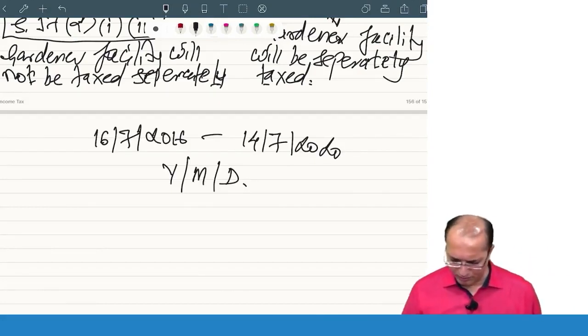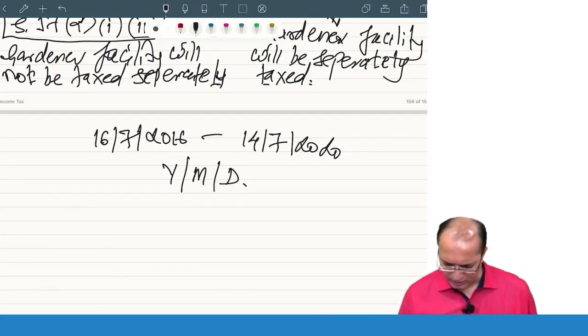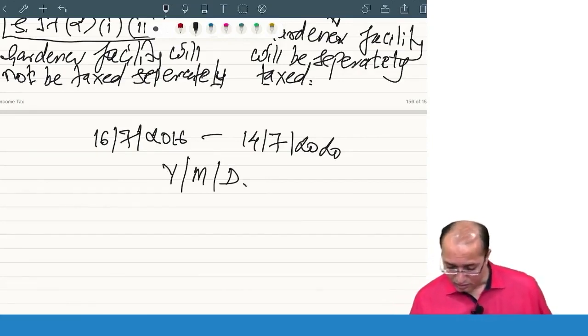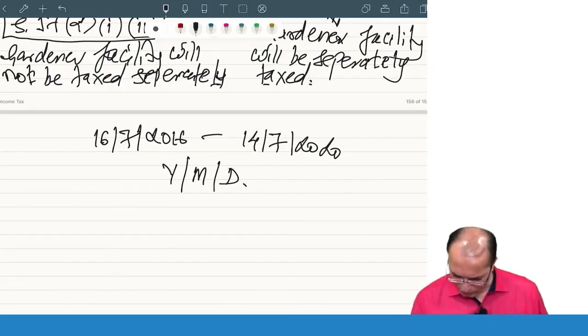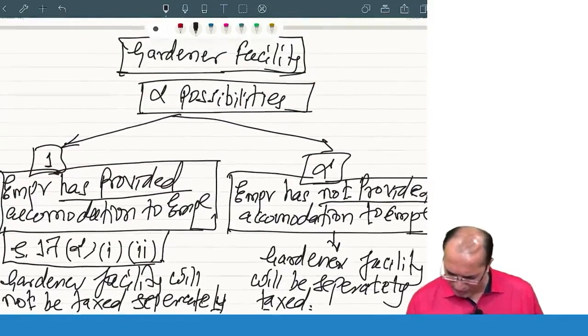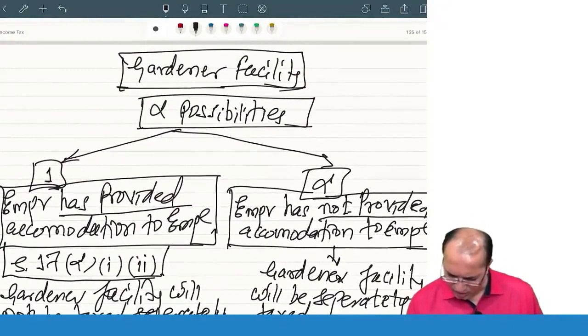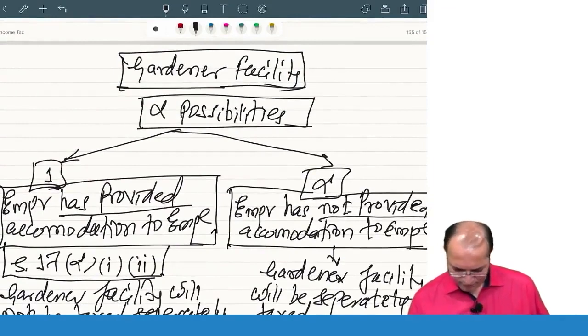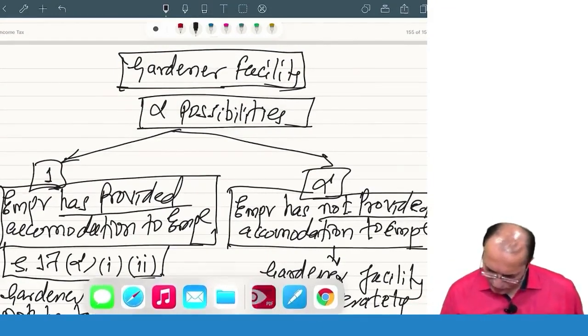Which notes are you talking about? The notes which are appearing on screen, which I have written. Textbook, textbook.